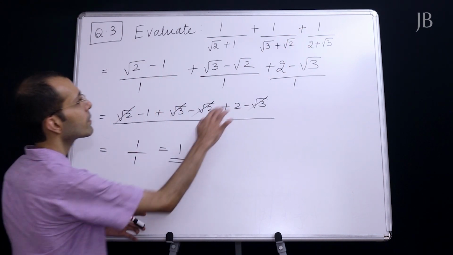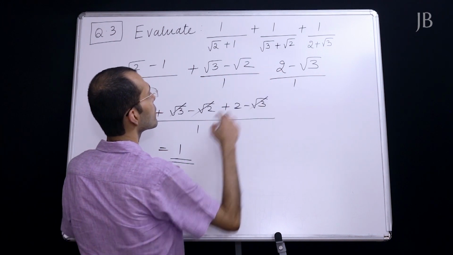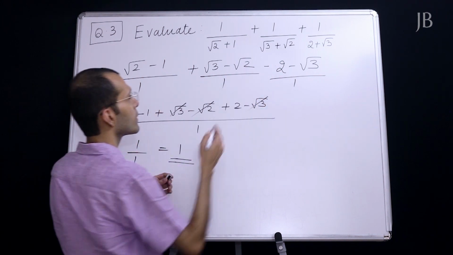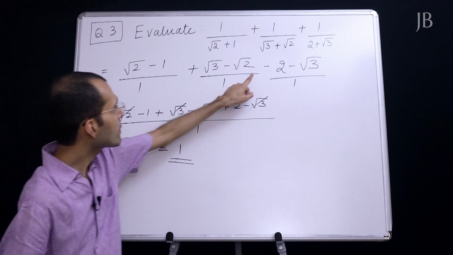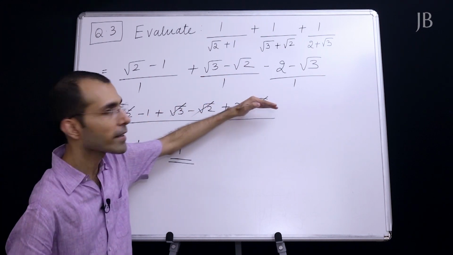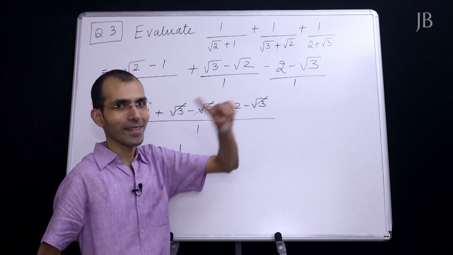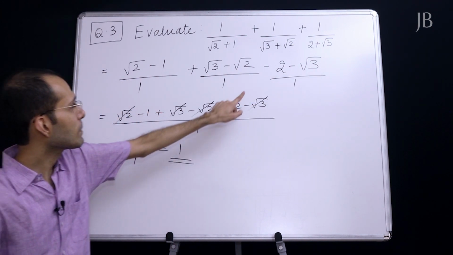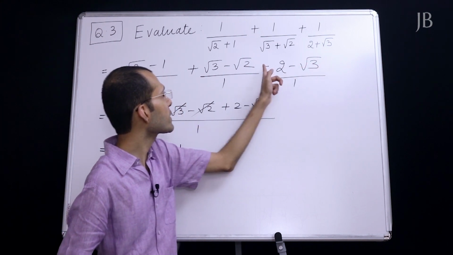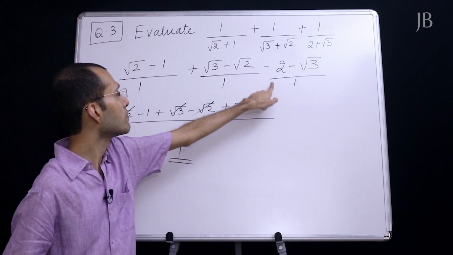Then what would happen? Here you would get minus. Okay, but then when you are adding up the numerators, it would be minus 2 plus root 3. Take care of that, because the minus sign is meant for this term.